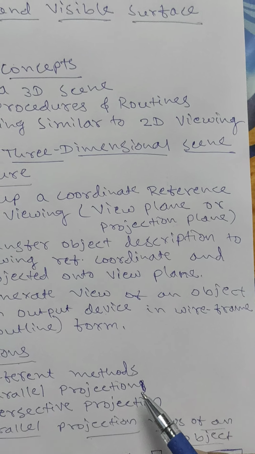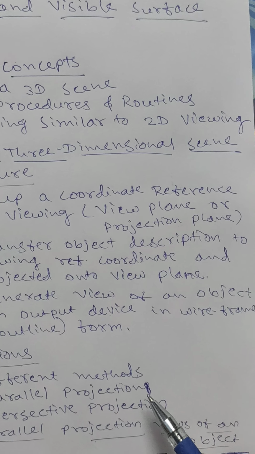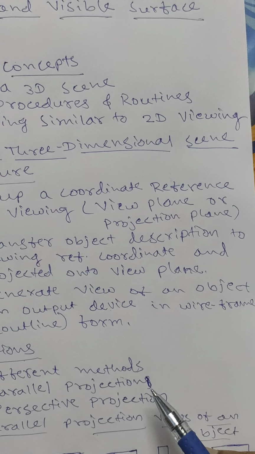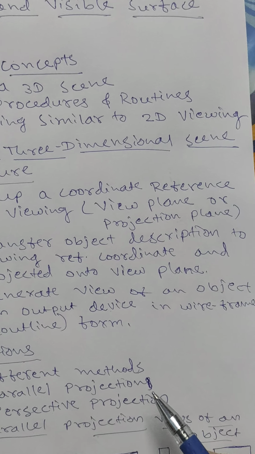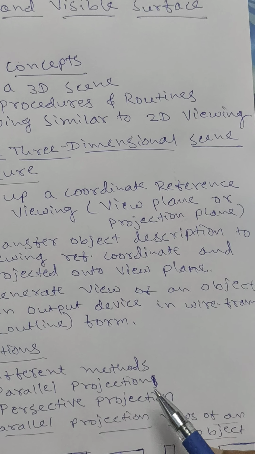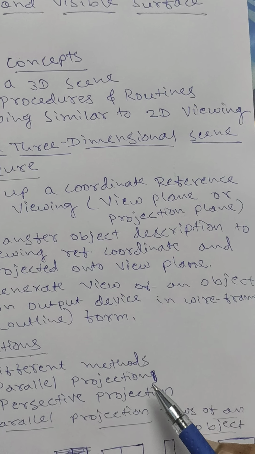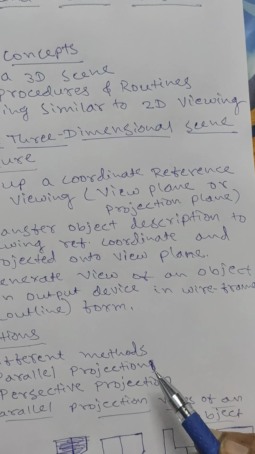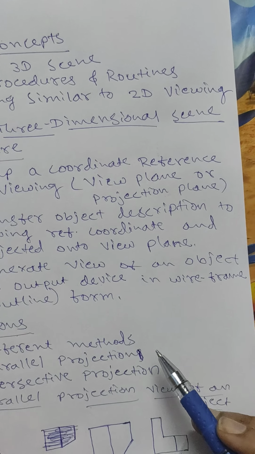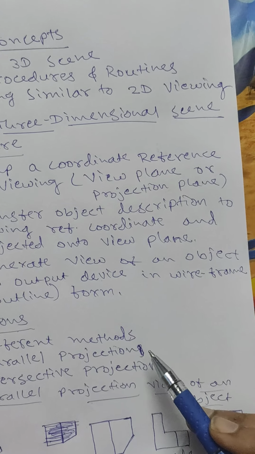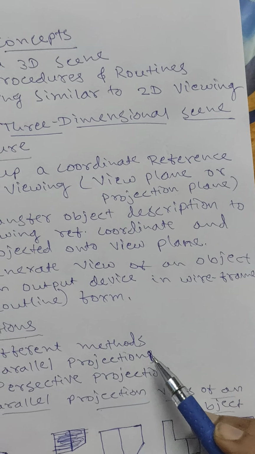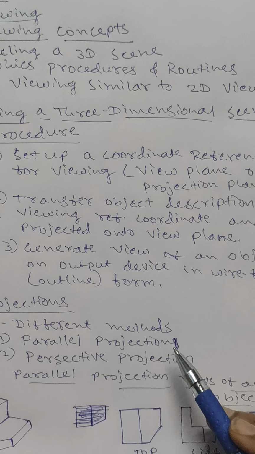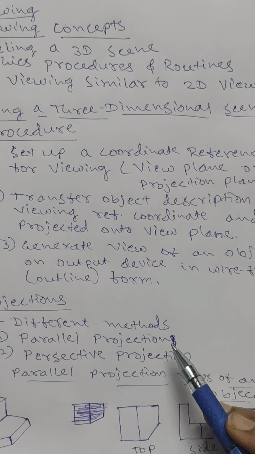It means that this method will represent a solid object onto a viewing plane, projecting these points on the object surface along parallel lines. Means it will represent a solid object on the view plane or surface by using parallel lines.